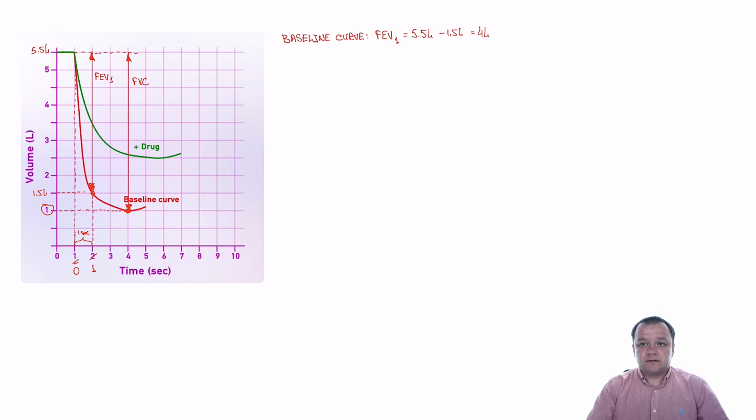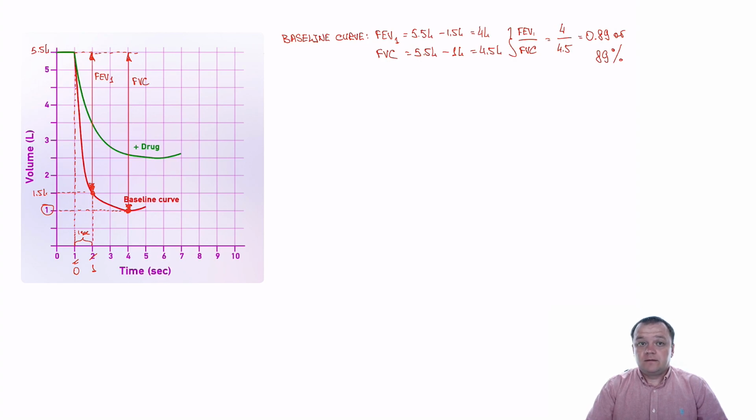And let's calculate it. 5.5 liters minus 1 liter equals 4.5 liters. FEV1 to FVC ratio will be 4 over 4.5, which equals 0.89, or 89% of air was exhaled during the first second. And this matches with the clinical picture of the patient.